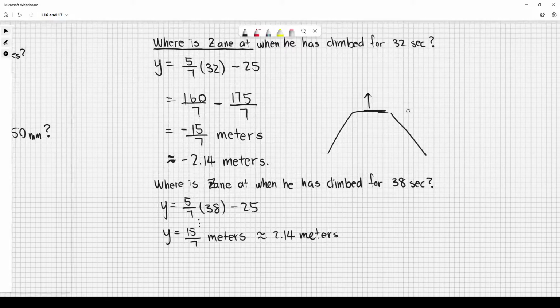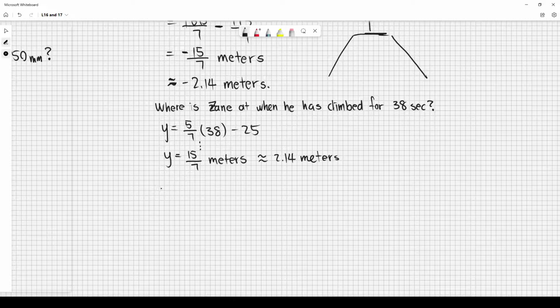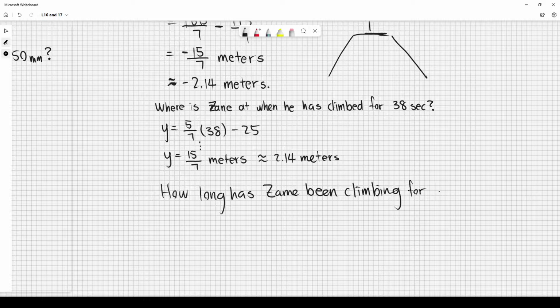Imagine if I say, here's another question that would not be realistic. How long has Zane been climbing for when he is at negative 30 meters? I'll just quickly do this. It doesn't matter how you approach it, that's not the point of the question.